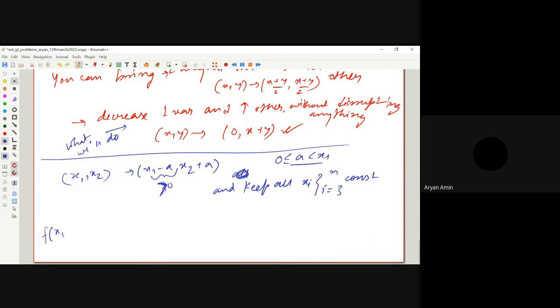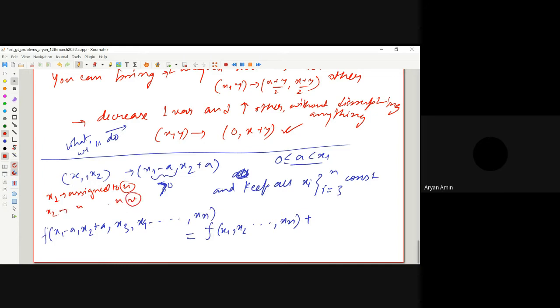You can write f of x1 minus a, x2 plus a, x3, x4, up to xn as something like this: f of x1, x2 up till xn plus something. Suppose x1 is assigned to u and x2 is assigned to v.